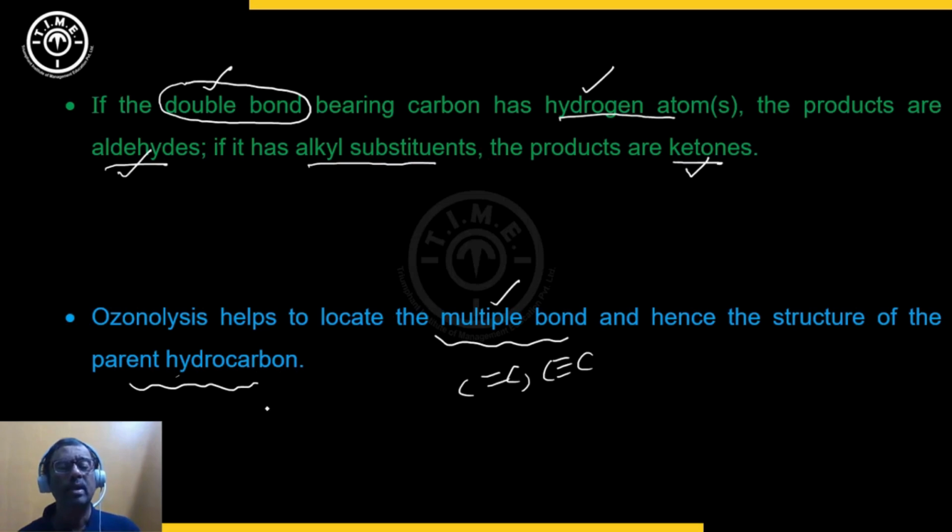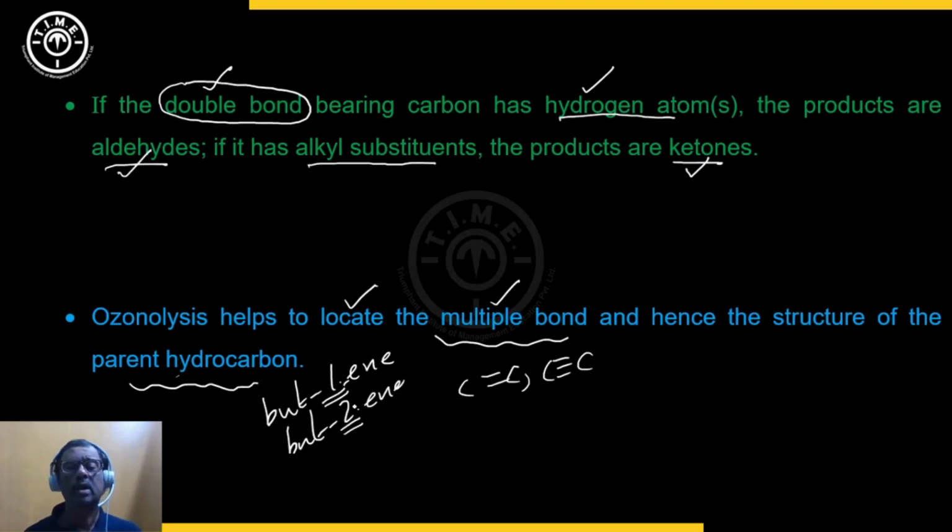For example, we could identify whether it is but-1-ene or but-2-ene. Are we not able to locate the multiple bond? The double bond is at position 1, or at position 2. We can identify it, is it not? So ozonolysis helps us to locate the multiple bond in a given parent hydrocarbon. I hope this is clear.